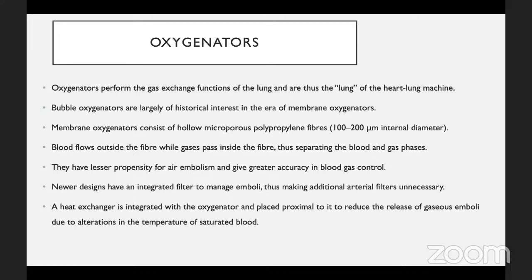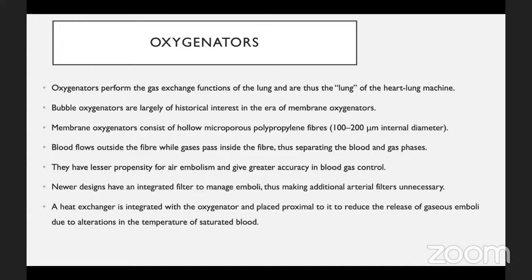One of the clinical things that can happen: remember, on one side you have a gas flow, and on the other side you have blood. Now imagine during the pump run you obstruct the gas outflow. That means the gas is coming to the oxygenator and going out through an outlet. If you obstruct the gas outflow, what is going to happen?